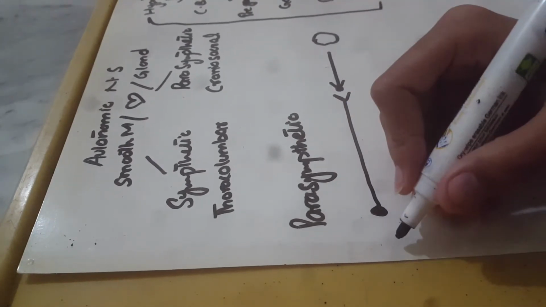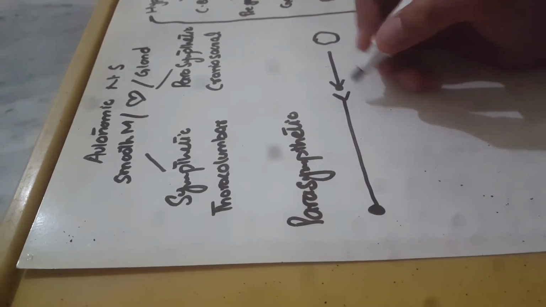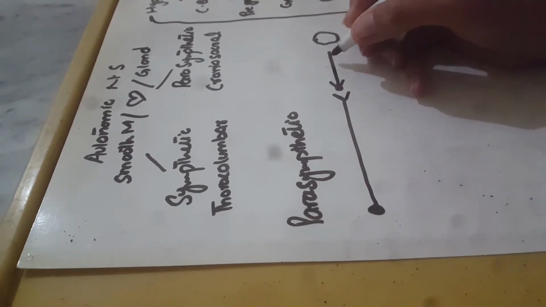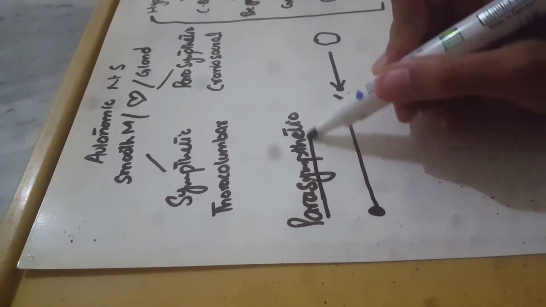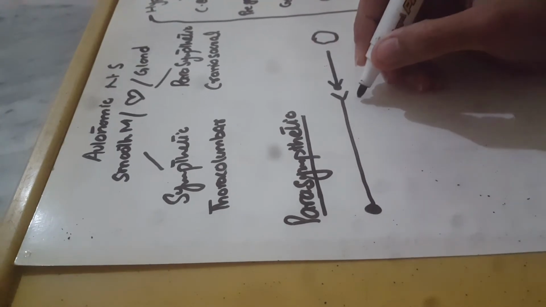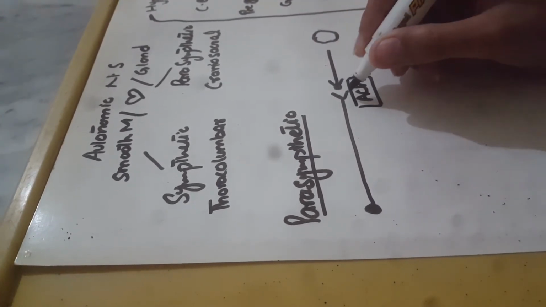Now, as they are coming here, there is a neurotransmitter. There should be some neurotransmitter which activates it and regulates the further function of the postganglionic neuron. So the neuron present here is parasympathetic, right? Parasympathetic is not adrenergic. We have acetylcholine here, at the preganglionic.